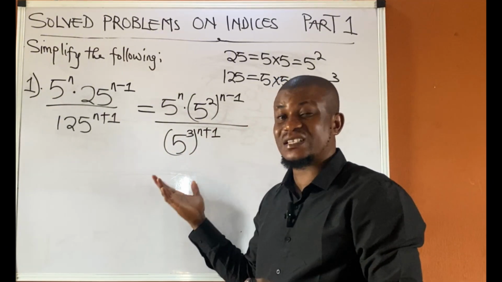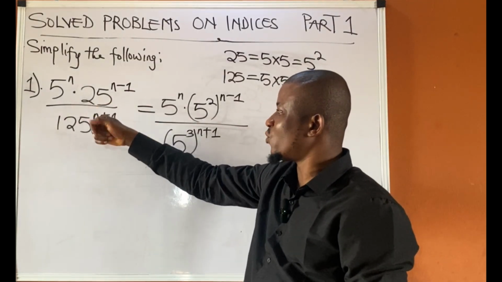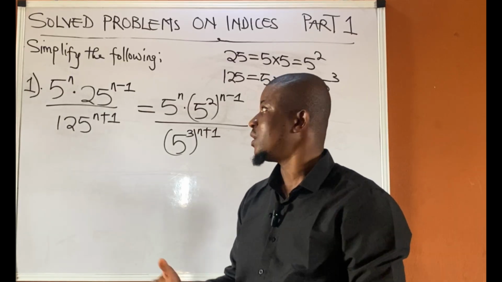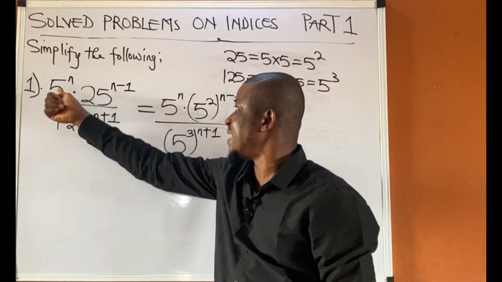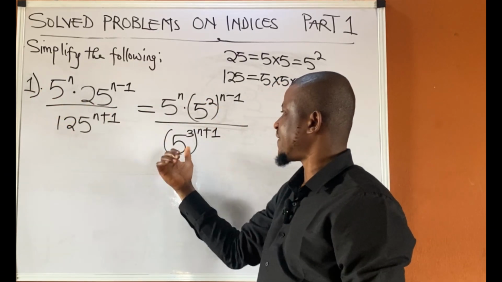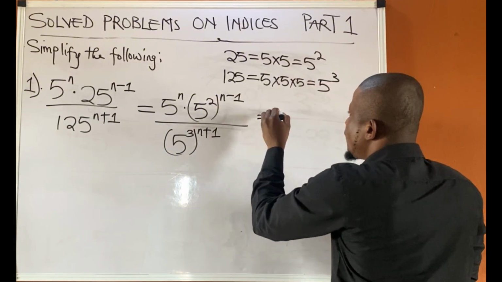So this is the first step in solving this problem: reduce any number to its simplest index form. 25 to the base of 5 is 5 to power 2, and 125 to the base of 5 is 5 to power 3. Now the next step is to open up this.